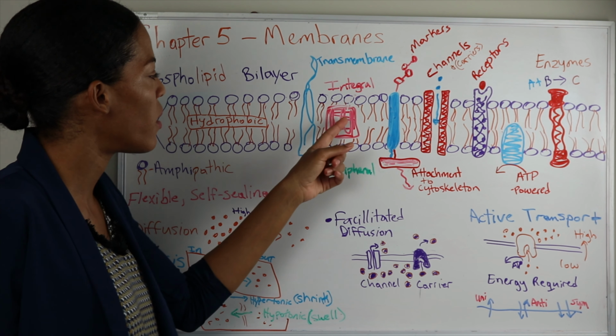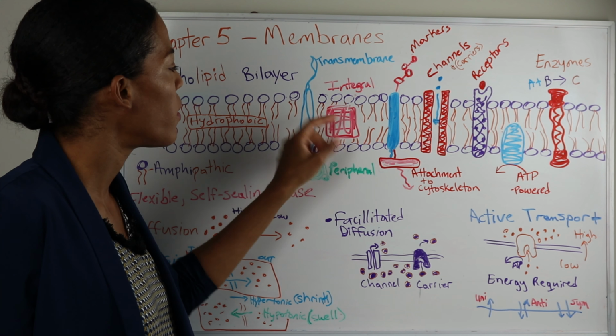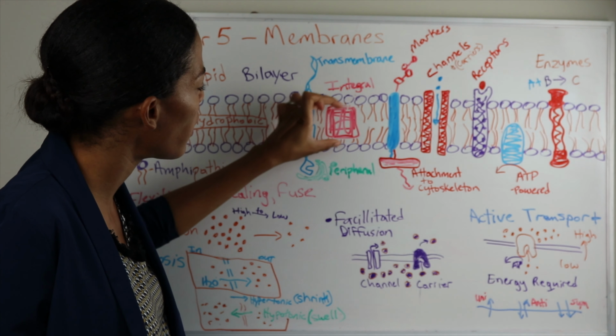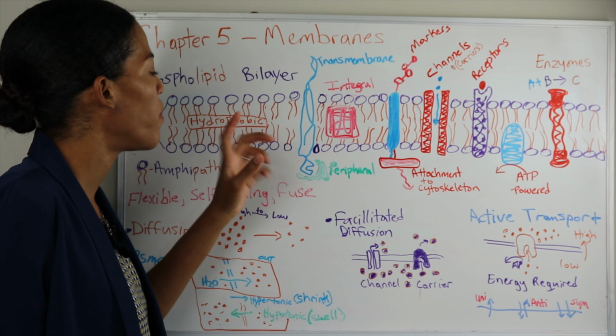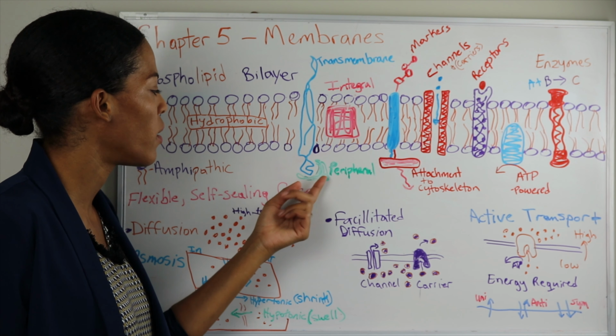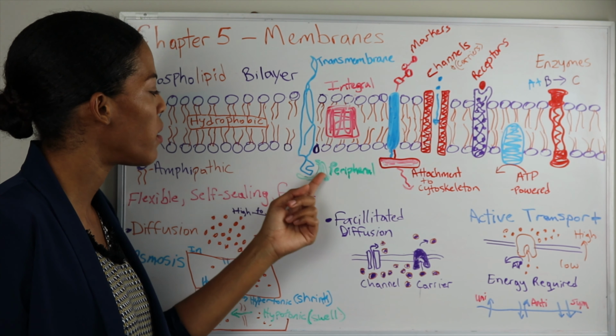Another type of membrane protein is called integral protein, and this one is found just sitting inside of the membrane here. Another type of proteins could be found peripherally, so they could be attached to a transmembrane protein inside the cell. They could also be attached out here, outside the cell, but they're not attached directly to the membrane of the cell. So these are the three types of structural proteins that you'll generally see in the membrane.